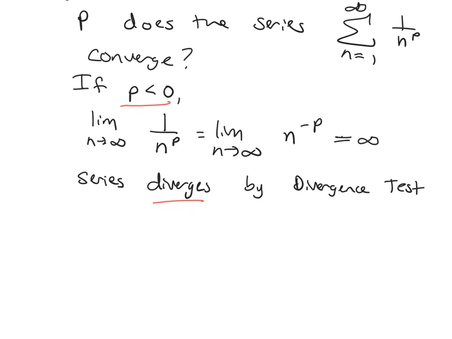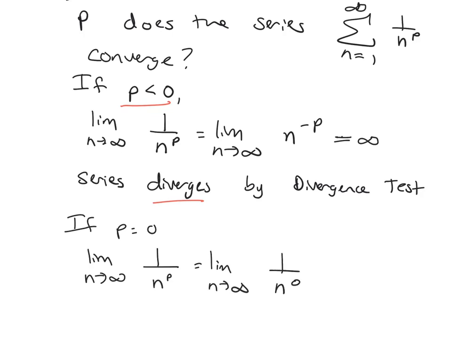Now let's say I look at what happens if p is equal to 0. And let's go ahead and try to use the divergence test. 1 over n to the p, right? But this is now 1 over n to the 0. What's n to the 0? 1, right?